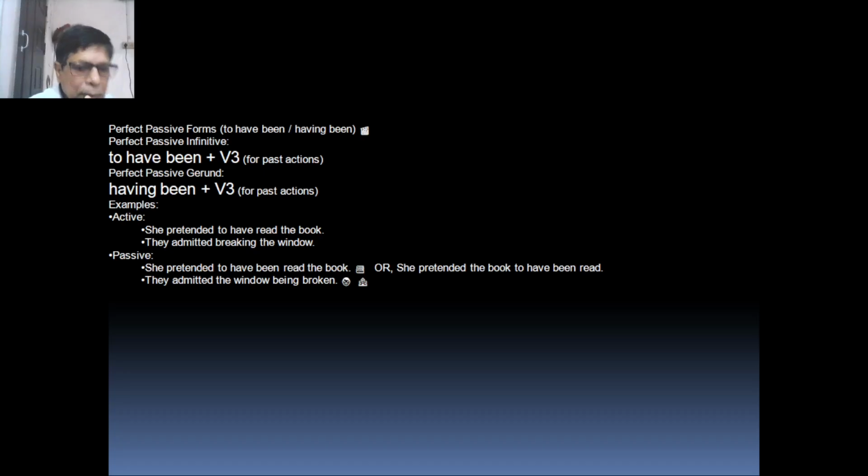She admitted the window being broken, as in earlier slide you have seen. So friends, the important thing is the passive form of the perfect infinitive, present perfect infinitive, is made just adding been. That is, she pretended the book to have been read. To have read is the perfect infinitive, and to have been read is the perfect passive infinitive. Let us move to the next slide.